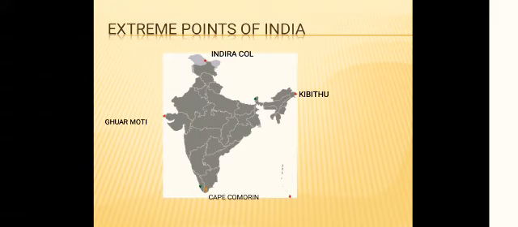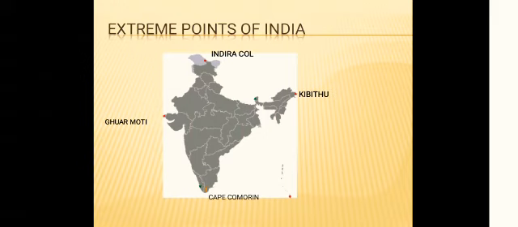The easternmost point of India is Kibithu, which is located in Arunachal Pradesh. The westernmost point of India is Guhar Moti, located near Sir Creek in the Kutch district of Gujarat.